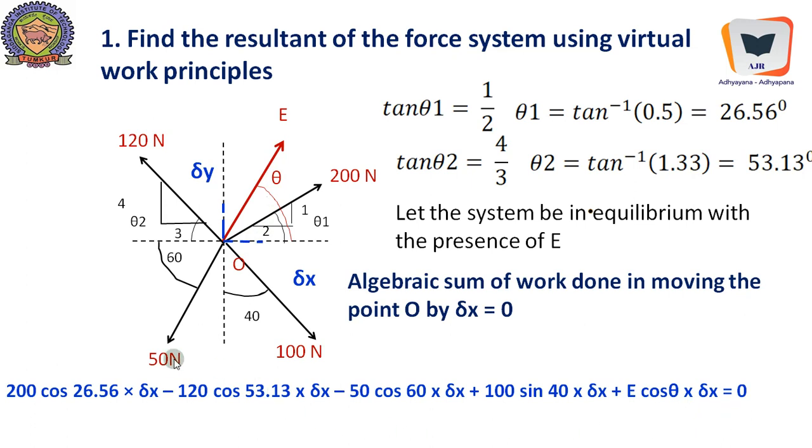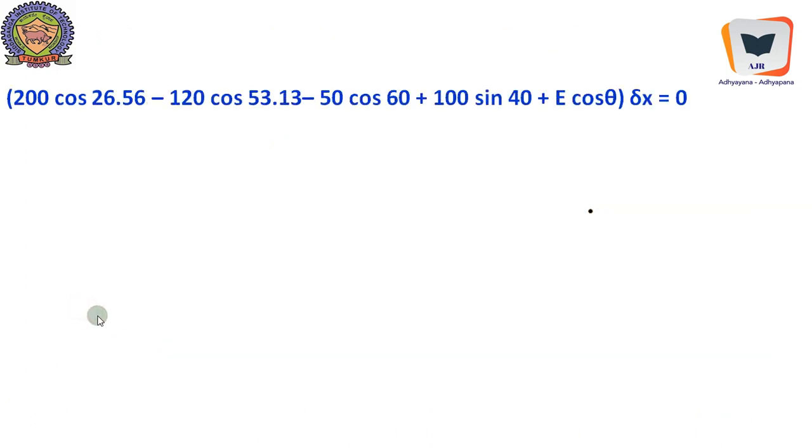Then if we separate del x as a common factor, with the multipliers within the parentheses, we will get this particular equation. Now del x cannot be equal to 0 because we have introduced this small virtual displacement.